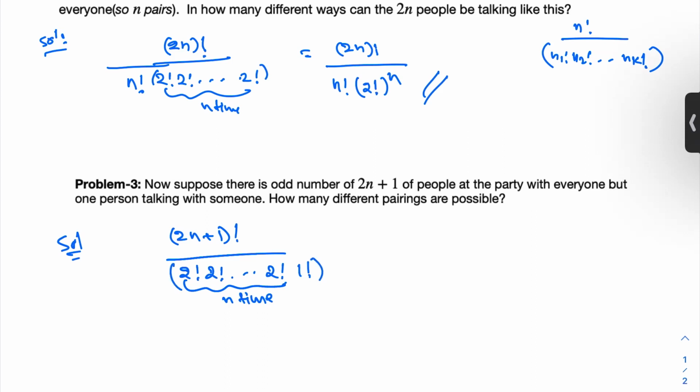To fix that, we need to divide by n factorial, the number of equal sizes, that is n. So the answer will be 2n plus 1 factorial divided by n factorial times 2 factorial to the power of n. We don't have to write 1 factorial. This is the answer.